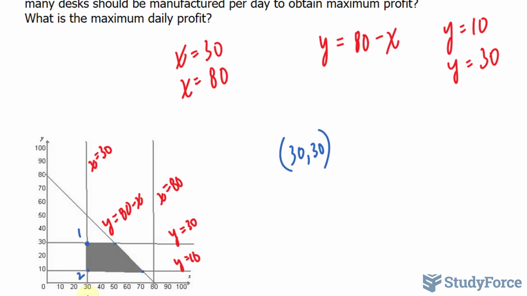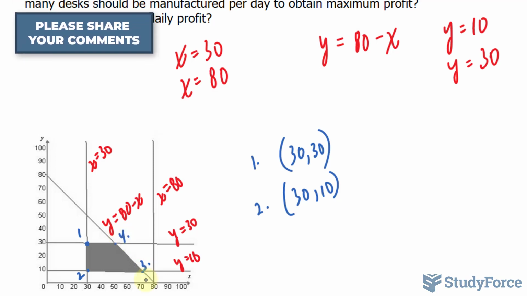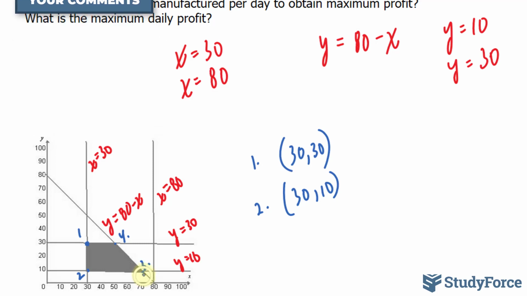The point of intersection here is 30 and 10. This one we'll call 3, and this one 4. To find 3, I'll substitute the point 70 for x into here. If I substitute 70 into here, I'll end up with 10 as my y.